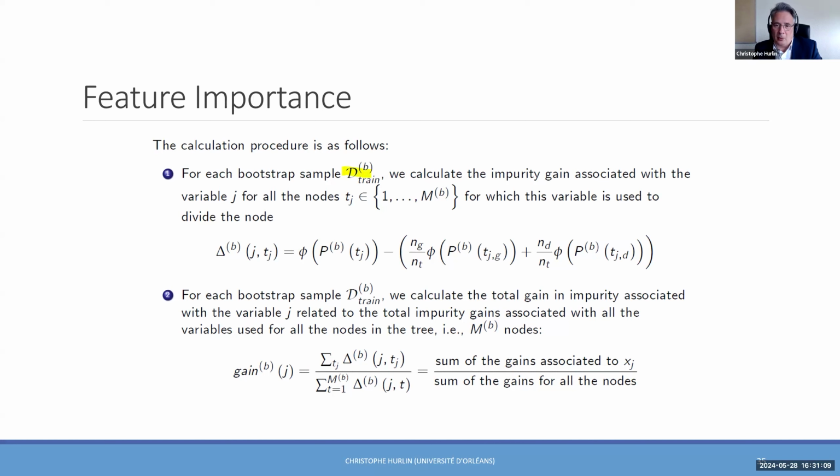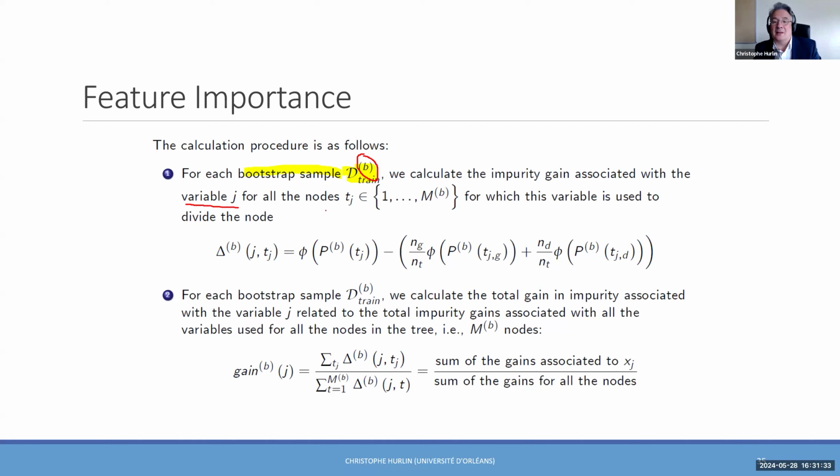Remember, we have at the beginning a bootstrap sample with an index b, and we have capital B bootstrap samples. I'm interested in a feature j, for instance the age.